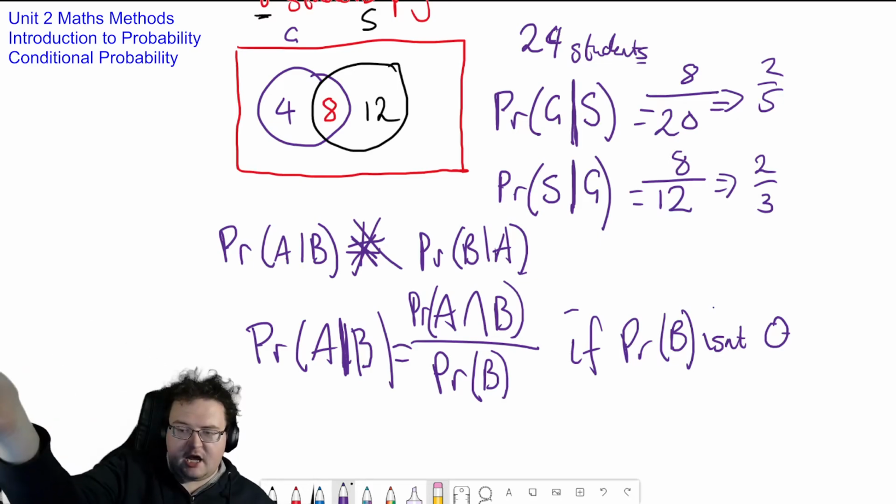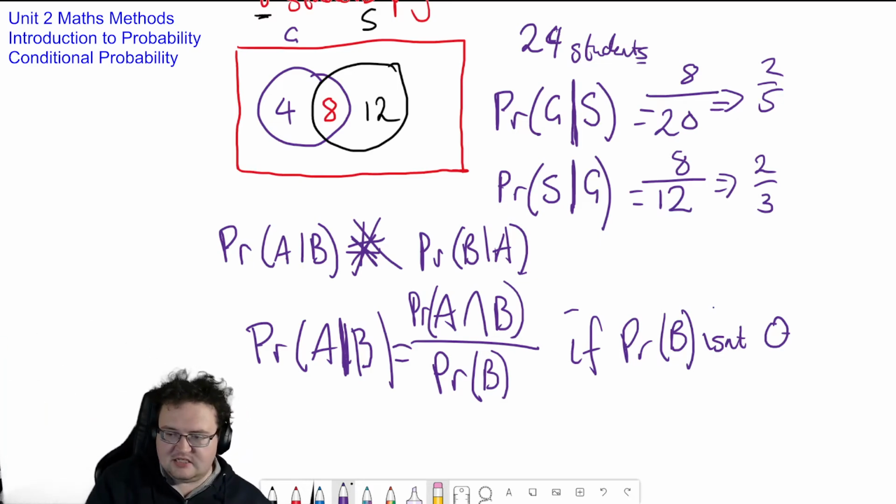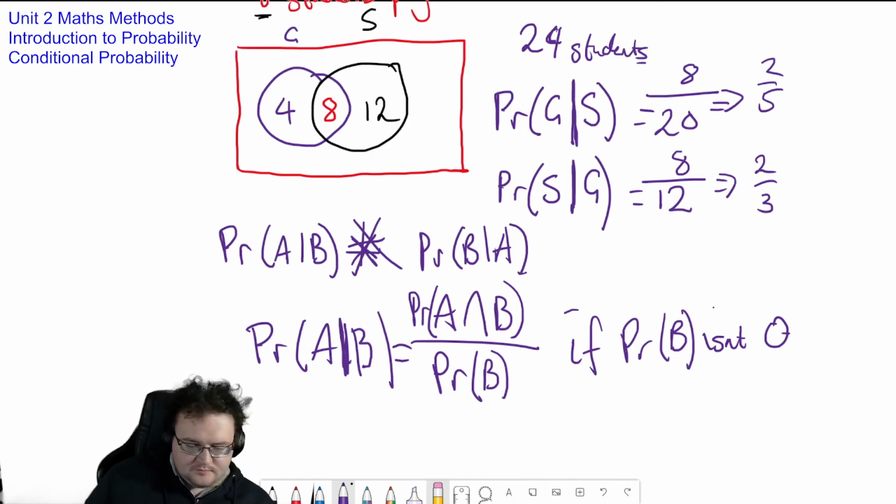So if you were doing a Karnaugh map before and you're only given a particular piece of information, you've got a formula there that you can use to help untangle other bits of information.